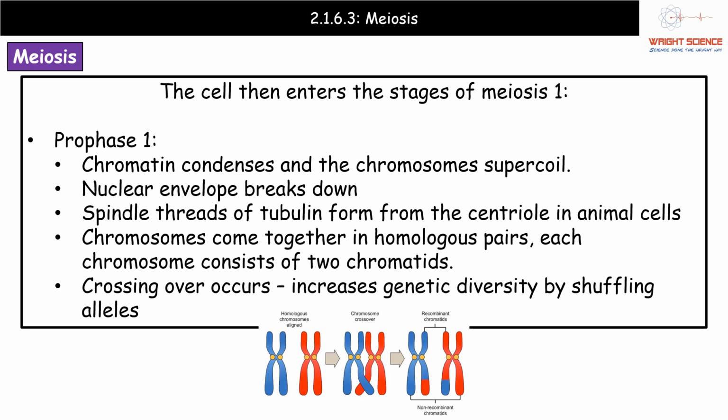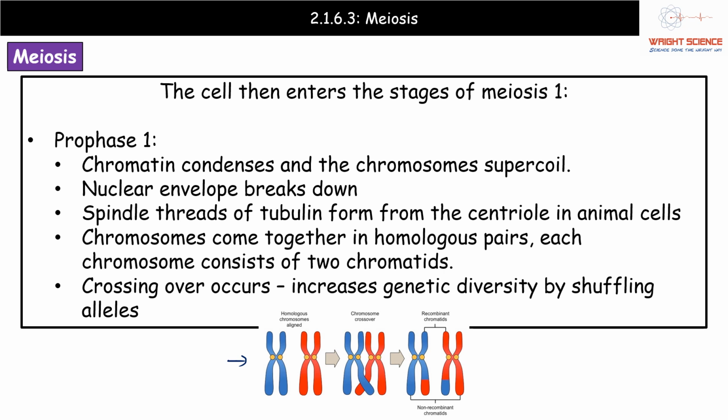One thing that we see happening in our little prophase 1 is a process called crossing over. And crossing over is very important in terms of increasing genetic diversity further, because what we're going to see is an organism's ability to shuffle the alleles that are present on those actual chromosomes. Now, what happens in crossing over is down in this little diagram here. We've got our homologous chromosomes aligned, one's red, one's blue, sitting next to each other.